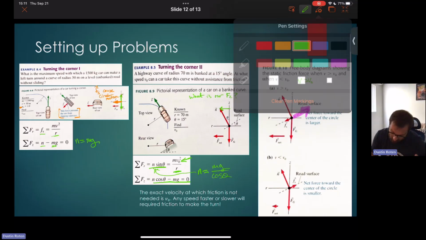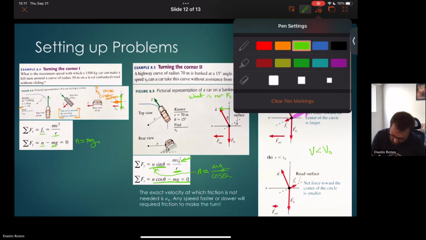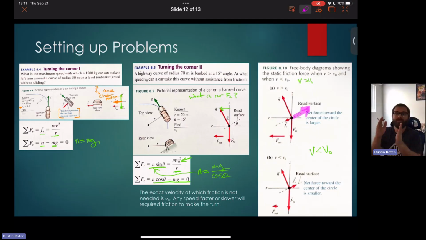On the other side, if we're going slower than the magic speed, you can imagine we're going to start sliding down this ramp. Friction always opposes motion, so the friction would point up the hill. That's just the frictional force on these ramps. It's just one extra vector we have to add in. There's really not a whole lot to it.